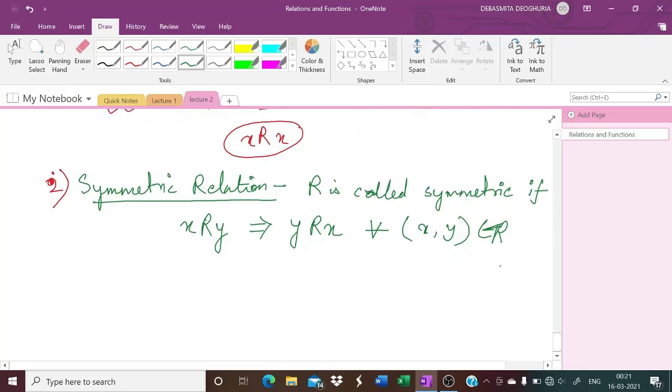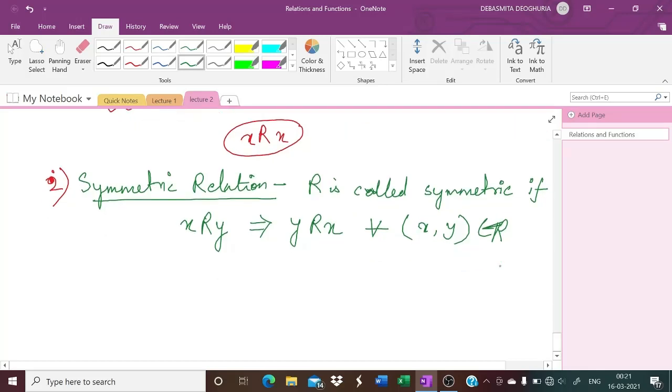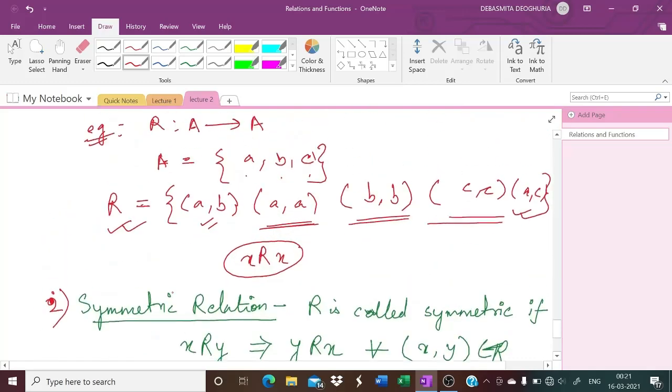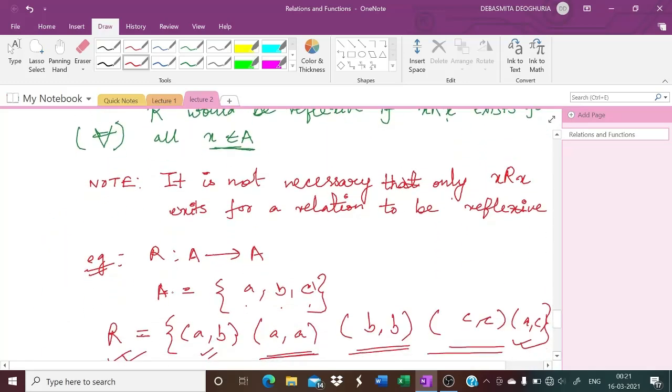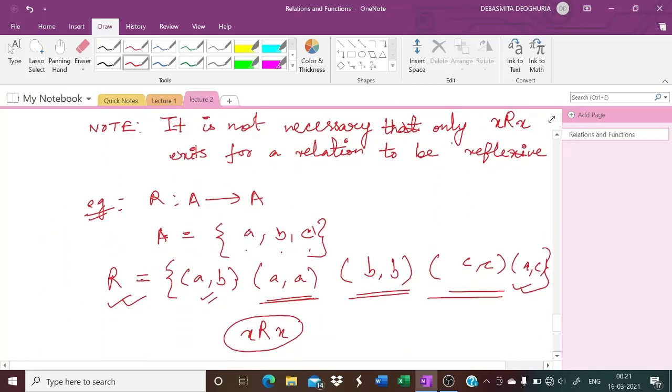Now let's see with an example. Suppose the same set A, A B C. All the examples that will be done, I will use this set A. I am not changing it.